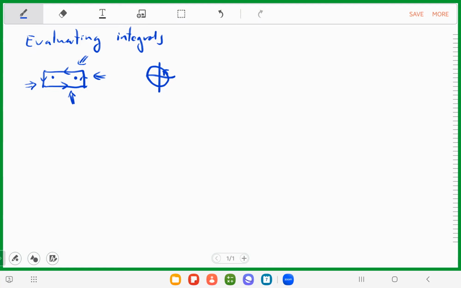So that would be the easiest case. But in general, we will have contours that have 2 pieces or 3 pieces or 4 pieces, like a rectangle.